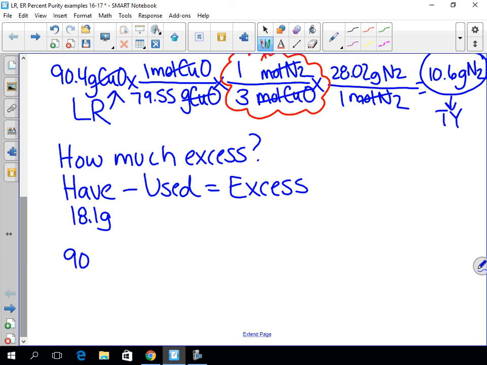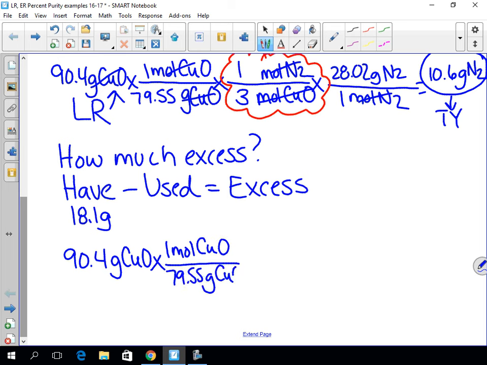So if we have 90.4 grams of copper oxide, let's use stoichiometry again to figure out exactly how much ammonia we need to react with that. Just like before, change our grams into moles. This time the mole ratio is going to be a little bit different because now we're not solving for a product.